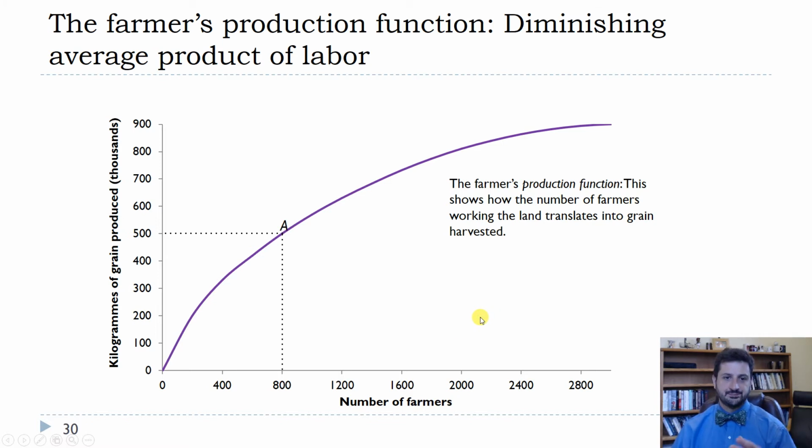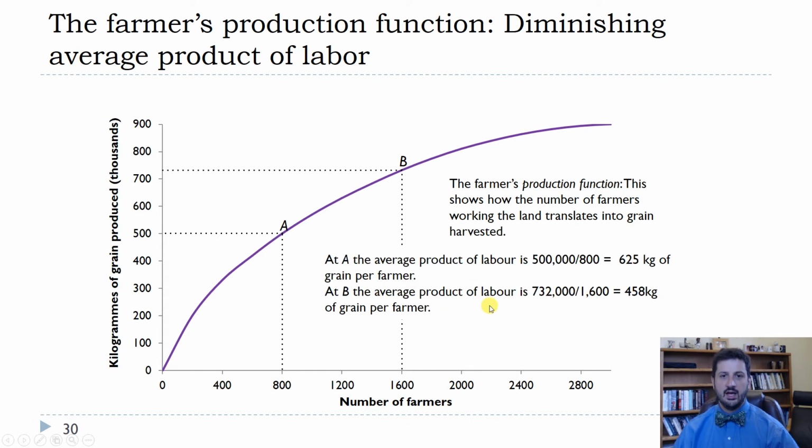So let's look at a couple points along our production function. At point A, we have 800 workers and 500,000 kilograms of grain. At point B, we have 1,600 workers and a little over 700,000 kilograms of grain. We can figure out the average product of labor at both points. At point A, it's 500,000 divided by 800, or 625 kilograms of grain per worker.